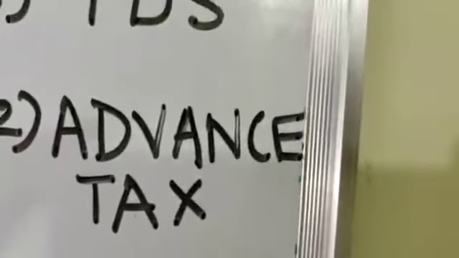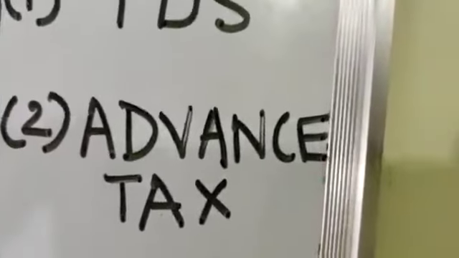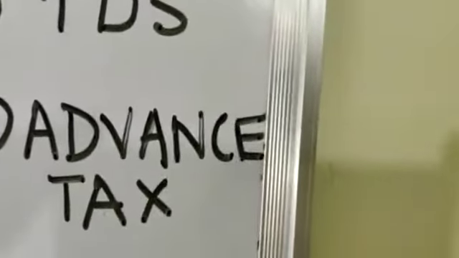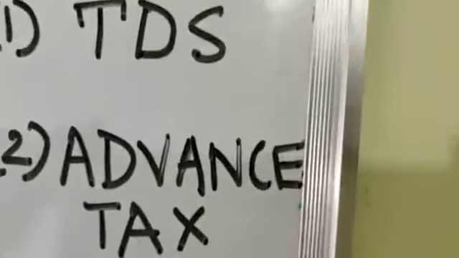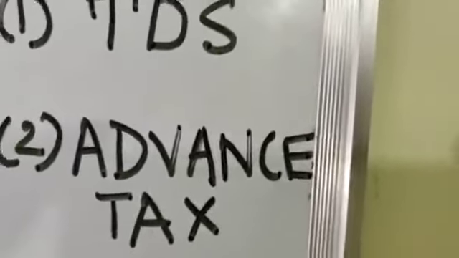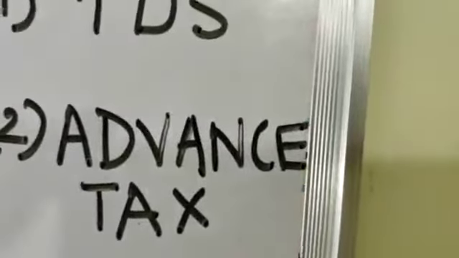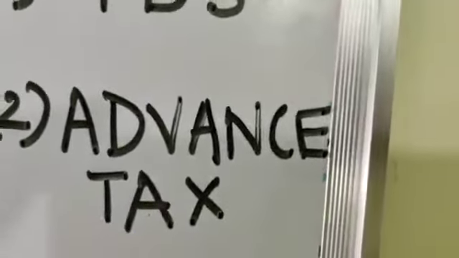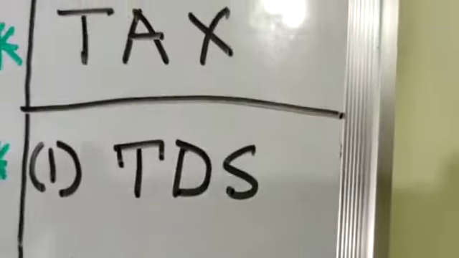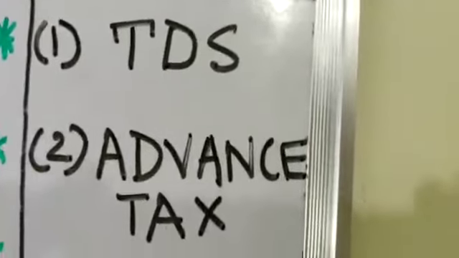There is a certain formula that we will also learn when we learn advance tax. There are 4 quarters where you have to pay the advance tax on the basis of estimation of your income. You will derive your tax liability and you will discharge it by way of advance tax. So I can discharge my tax liability by way of TDS and by way of advance tax.